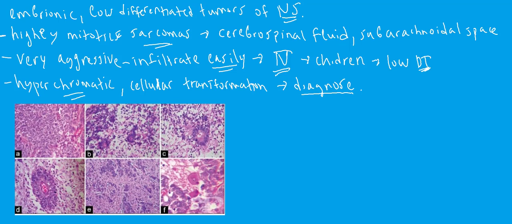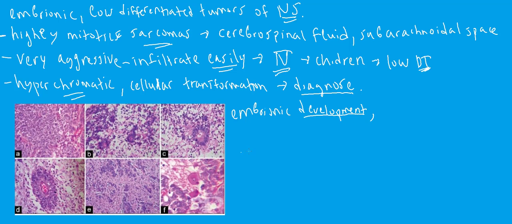Here I've added a microscopical view of what I just talked about. The histological view reminds us of the development of the embryonic nervous system. Embryonic development.